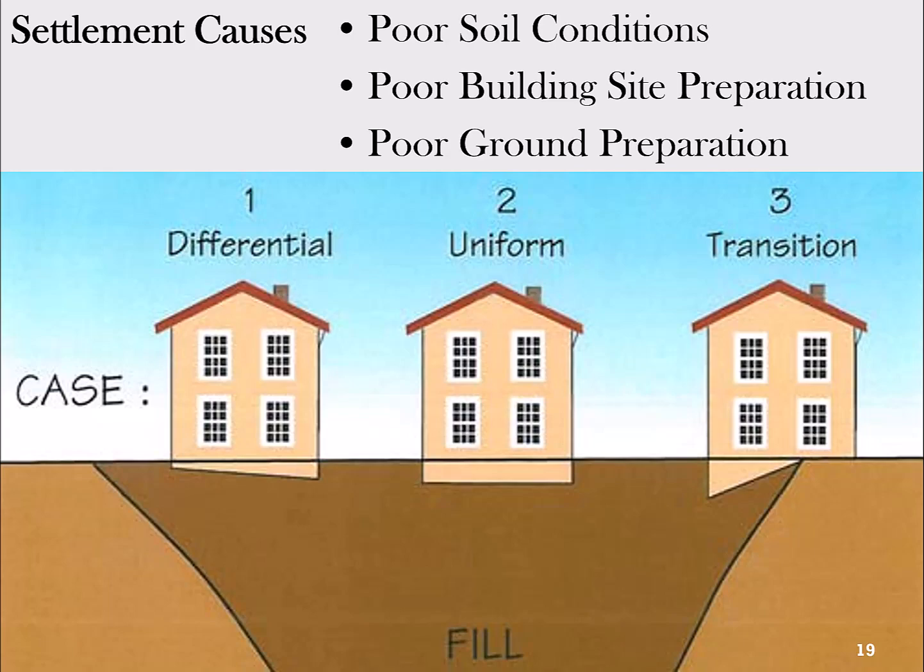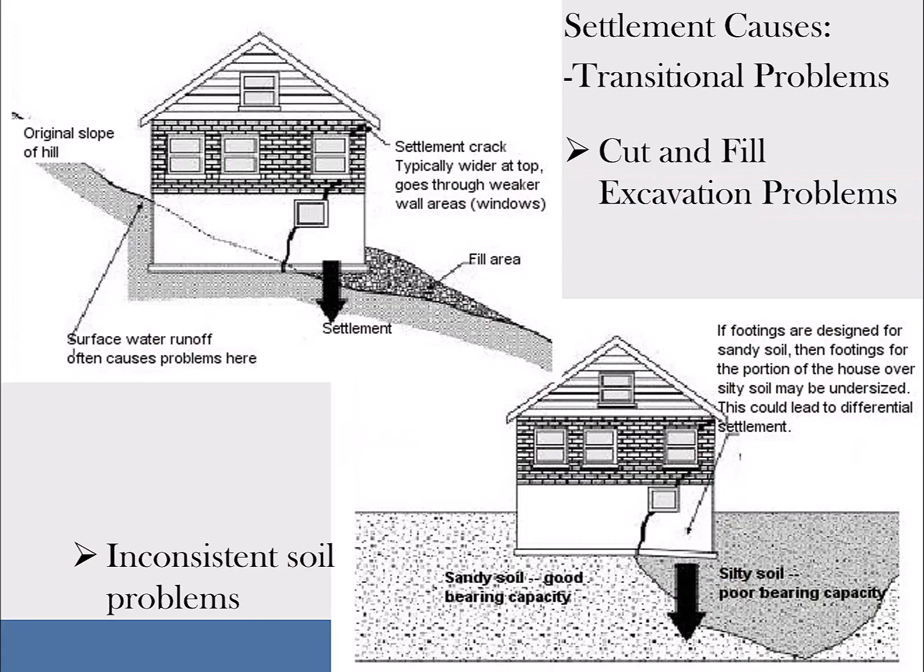on transitional or compound. So here's a good example up top where you want to build a house into a bank, into a hillside. That's something that doesn't happen here because we don't have very many hillsides around here. If you squint, there's kind of a hillside along Highland Road in some places, and that could happen.